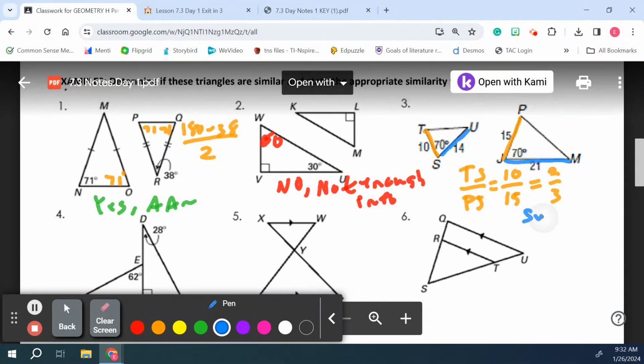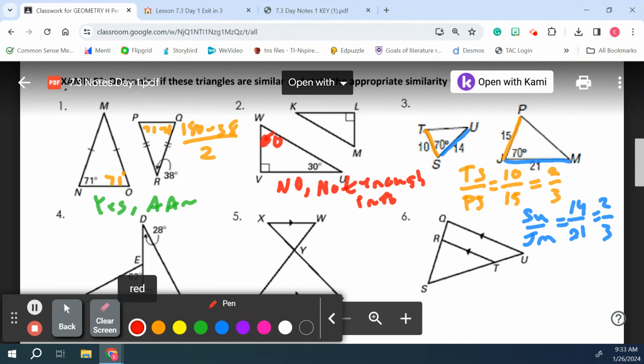So we're going to do SU over JM equals, in this case, 14 over 21. What does that reduce to? Emma? 2/3. So someone tell me, are these similar? Someone new? A big no, what do you think? Yeah?